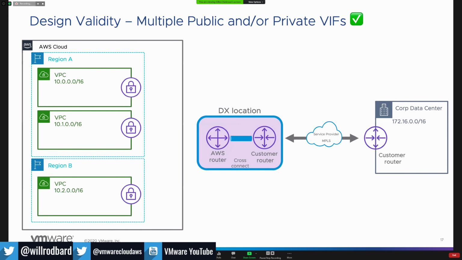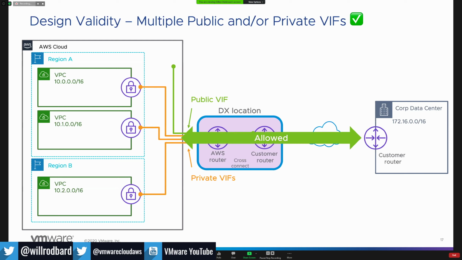So let's have a look a little bit at design. I can have multiple private VIFs going to multiple VGWs. I can add a public VIF, no problem. This traffic is allowed. I can even do routing between the BGP session on the customer router in the DX location, or if it's not possible, maybe back to the on-prem customer router.